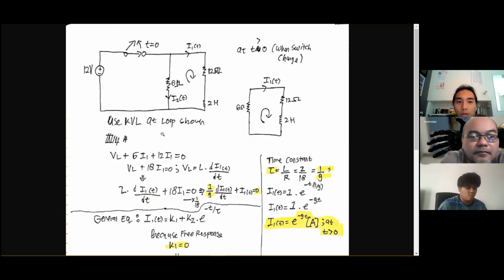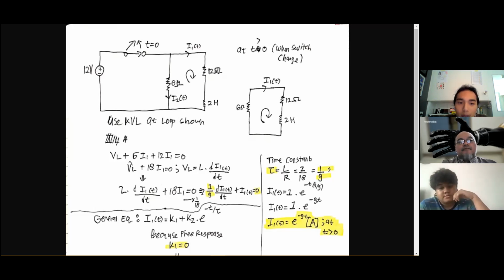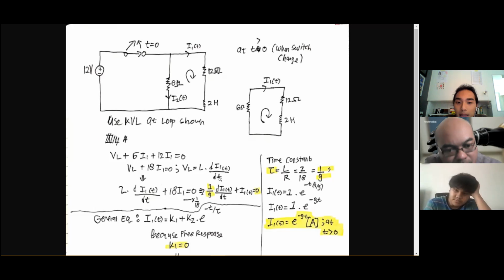Now use KVL at the loop shown here. Because I1 and I2 are now the same current, we will just leave I2 behind. So VL, the voltage at the inductor, plus 6 I1 plus 12 I1 equals 0. We know that VL is L times di/dt, and the i here is I1.